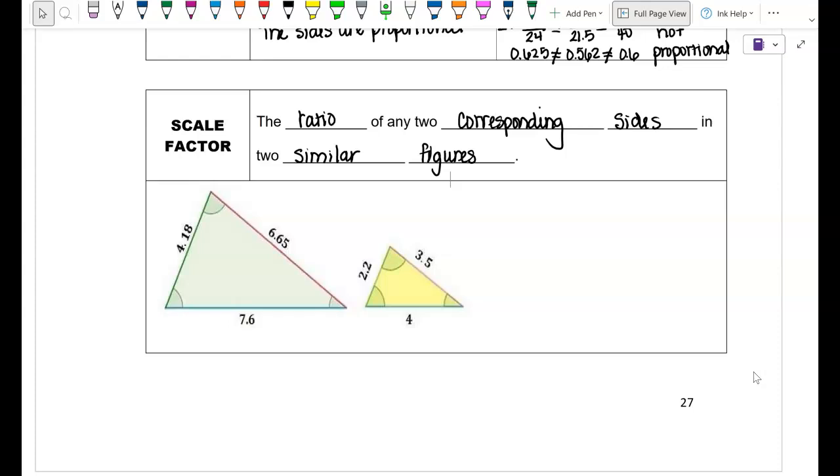Some people understood the idea of scale factor as relating the sides, but did not give it in the correct order. So for what we're doing, most times it'll ask for the smaller figure to the larger figure.